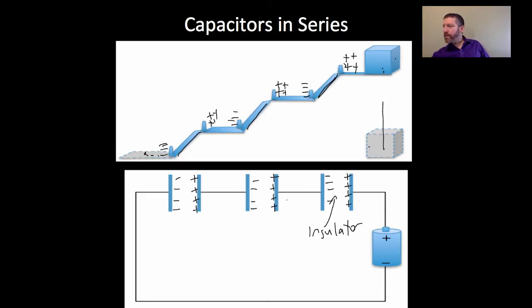The total altitude difference, in other words, the distance that the elevator lifts up, which corresponds to the delta V total caused by the battery: how do these delta V's add up to the delta V total? Well, looking at this diagram, you can kind of tell, how do these height differences add up to the total height difference? This is like delta H total, or I'm just going to call it delta V total because that's really what it is. How do each of the height differences add up?